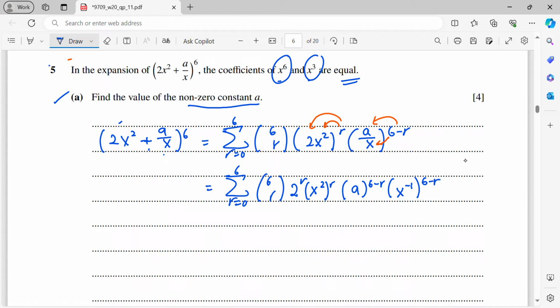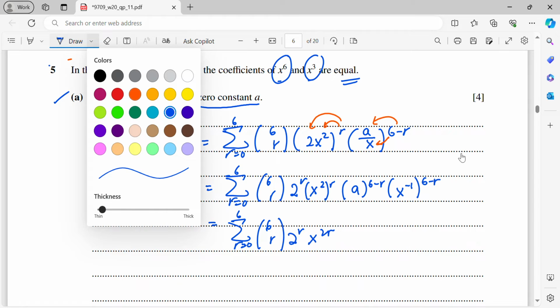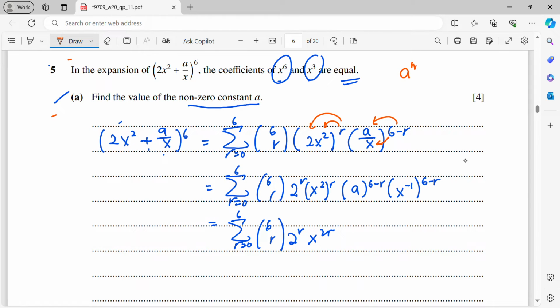If you want to simplify the terms, you will write 2 to the power of r, x to the power of 2r, because our formula is a to the power of m, then outside bracket the power n, means a to the power of mn. The other one is a to the power of 6 minus r, followed by x to the power of minus 1 times 6 minus r, which becomes minus 6 plus r.